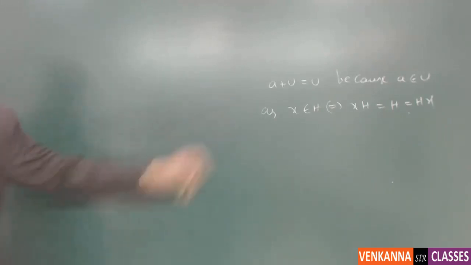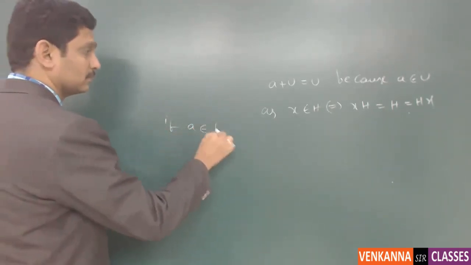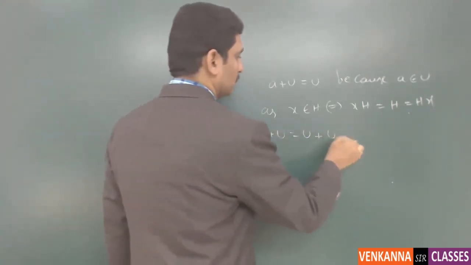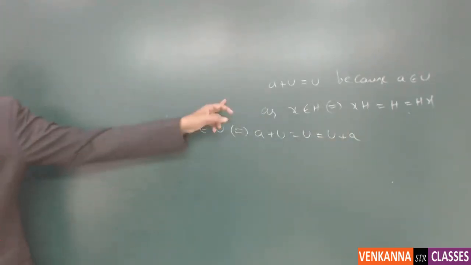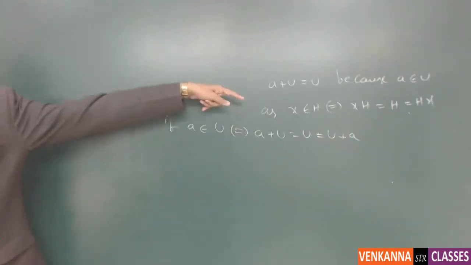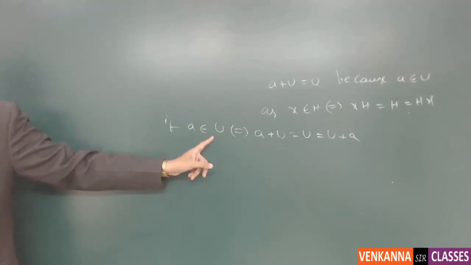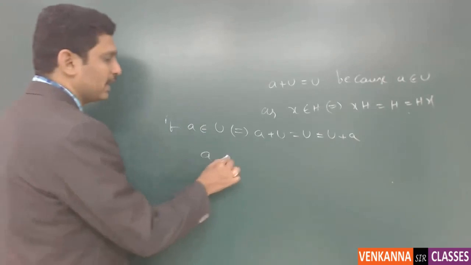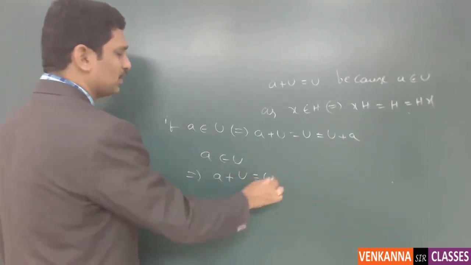This comes like a very similar result. There the operation is multiplication. Here the operation is addition. That is actually what I am saying. So whenever you say that a belongs to U, it implies immediately that a plus U is equal to U.